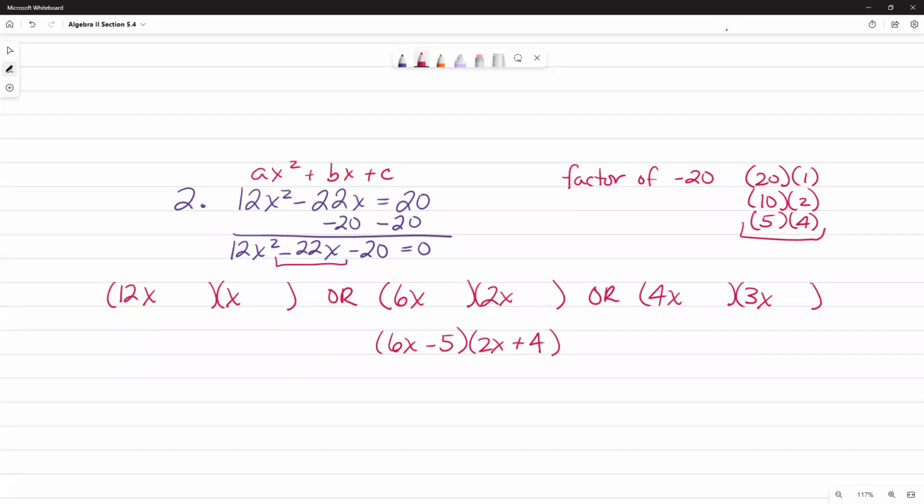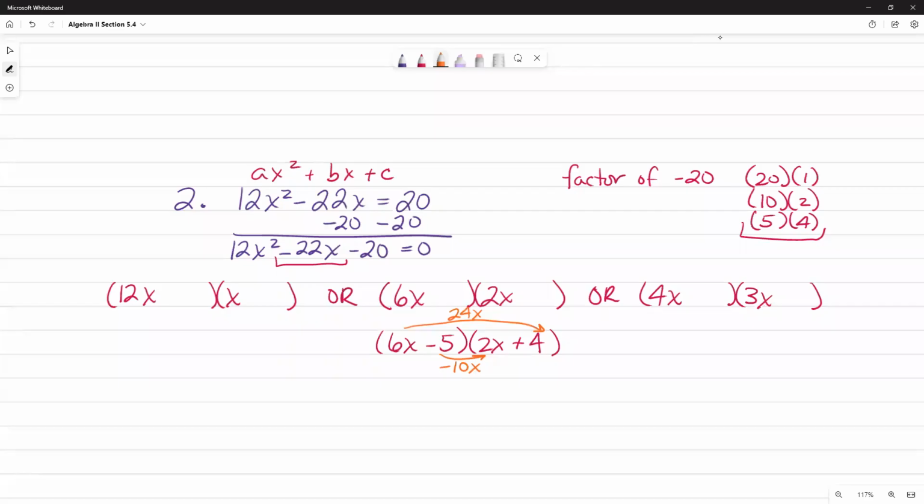So all I'm going to look at here is what the 6x times 4 gives me and what the negative 5 times 2 gives me, because these are going to add together to give me my middle term. 6x times 4 is a positive 24x. Negative 5 times 2 is negative 10x.